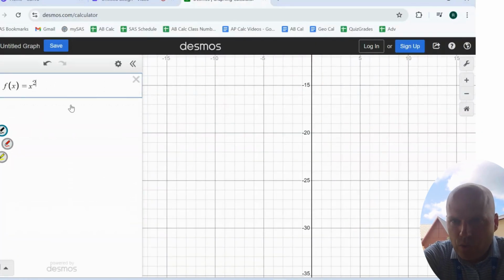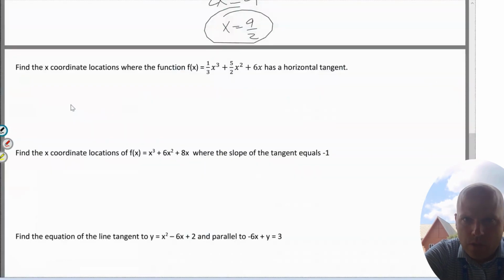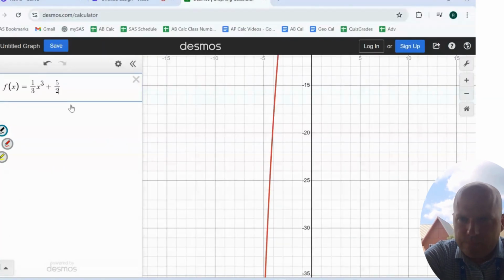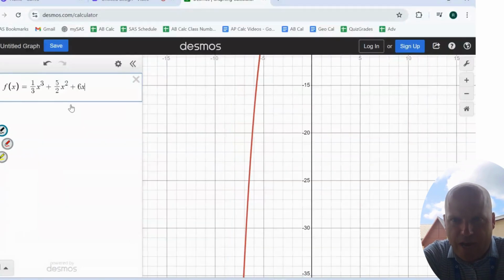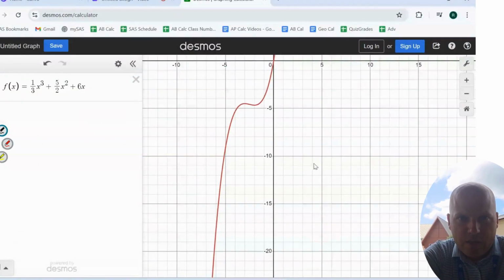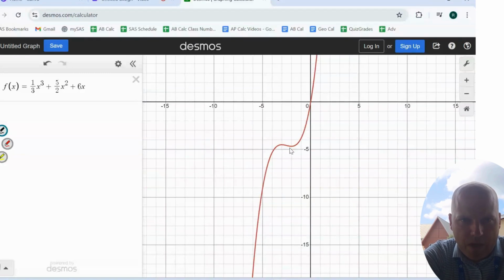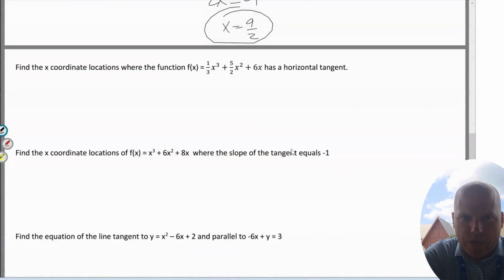If I asked you, where are the humps of this 1/3 x cubed plus 5/2 x squared plus 6x graph? And you can see it. It's like, okay, we have like a hump here and a hump here. Like, what are those locations? Well, this is where calculus is easy.